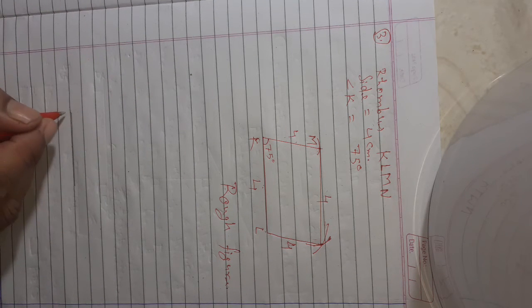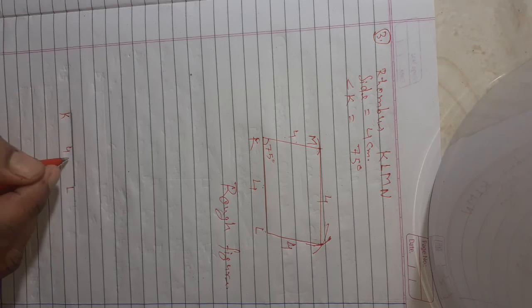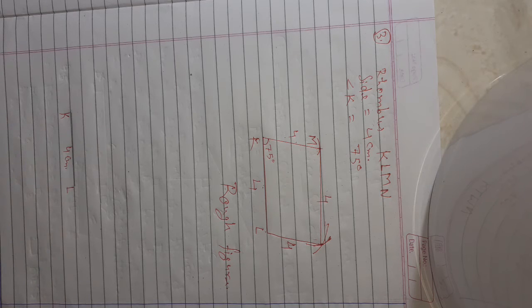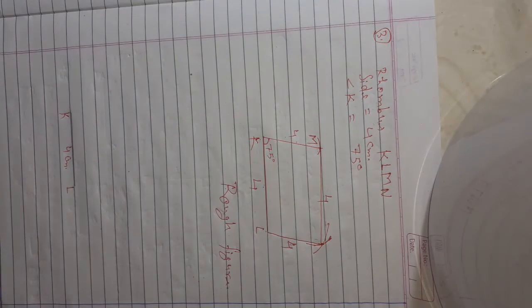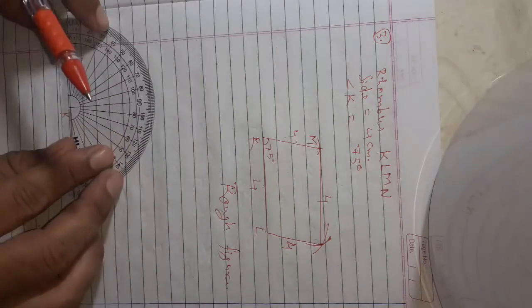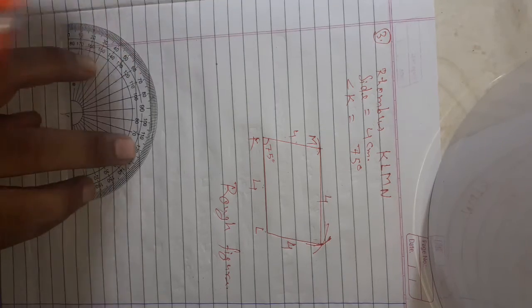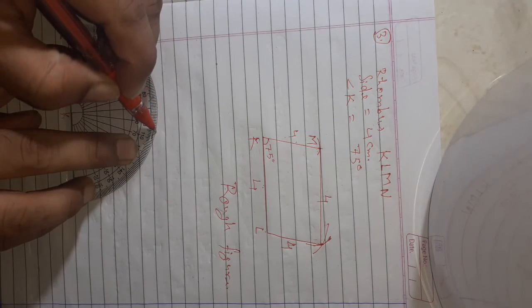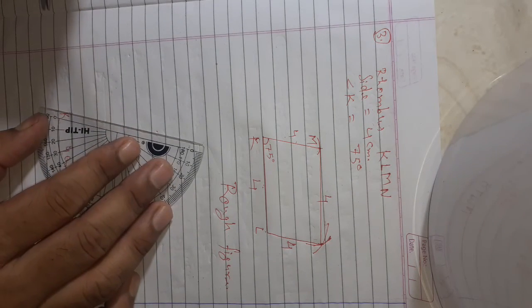Now here also 4 centimeter. Now all sides are equal. What I told you, angle K is equal to 75 degree. So here you construct angle K 75 degree. Okay, so you draw 75 degree.